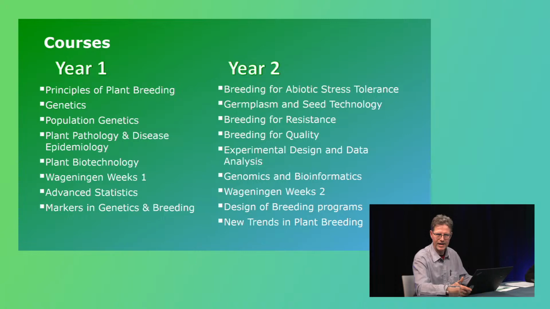And at the end, it's not actually a separate course, but it's part of those green blocks that you saw in the previous scheme. There's a large integrative group project in which students design a plant breeding program. That's really where everything comes together.